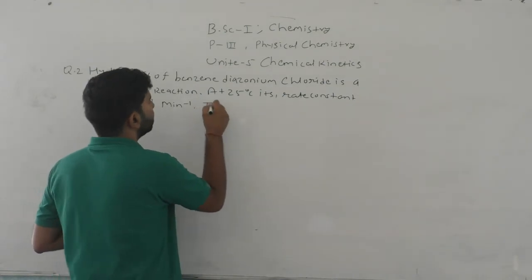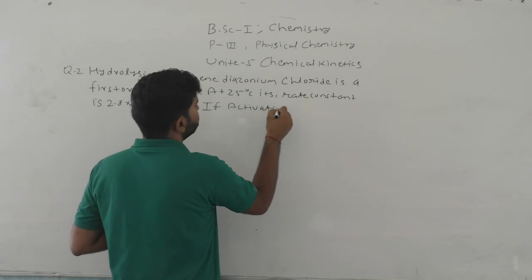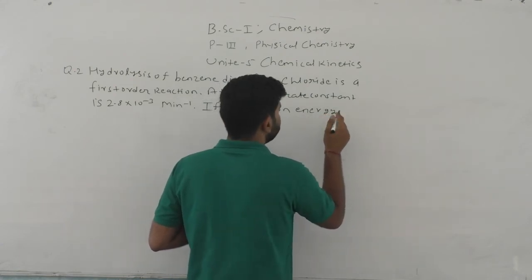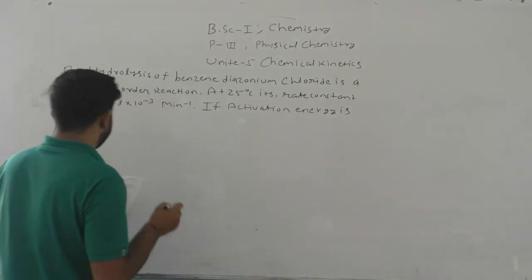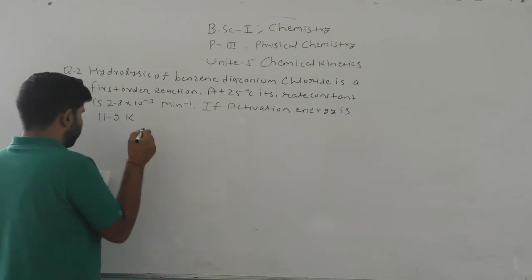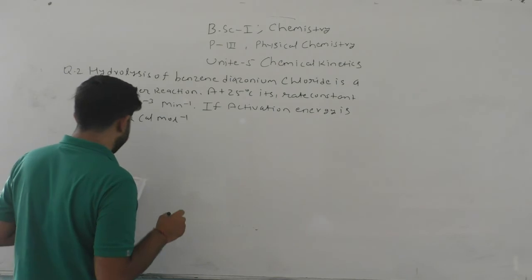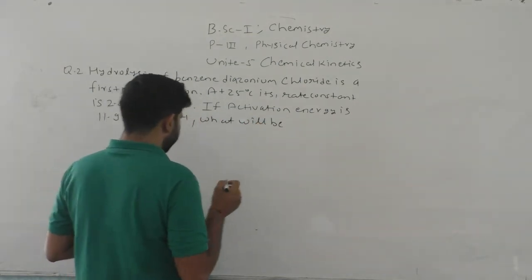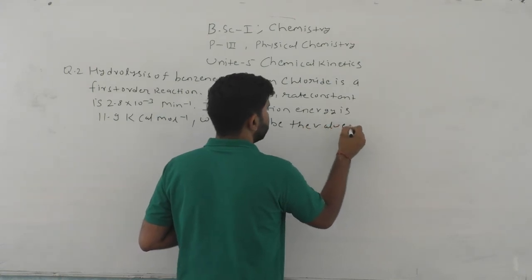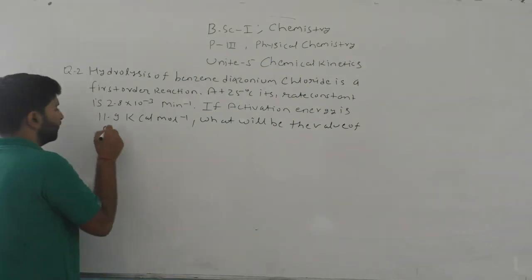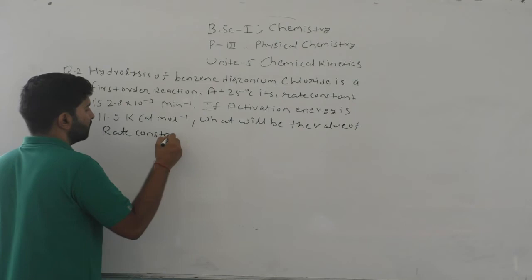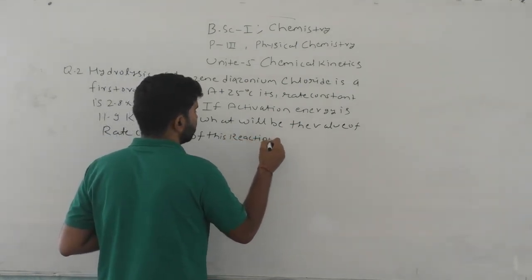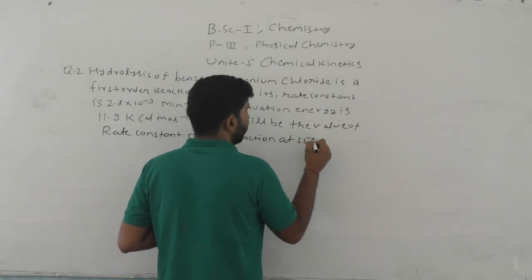If activation energy is 11.9 kilocalorie mole inverse, what will be the value of rate constant of this reaction at 35 degrees centigrade?